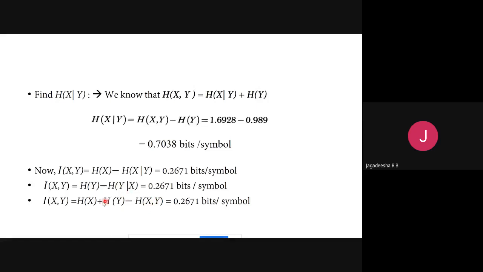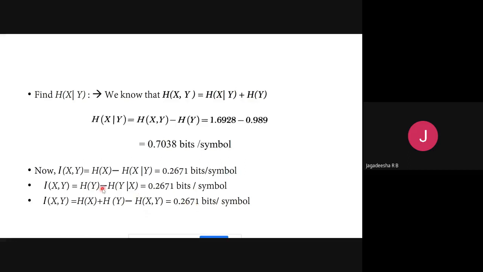Because we have all these parameters determined in the previous steps, because the first question was to find out the mutual information between X and Y using 3 different relations. So these are the 3 different relations that help us to find out the mutual information between X and Y. That's why we found many of these parameters in the previous steps, because we can directly use those values to plug in at these positions and find the answer.